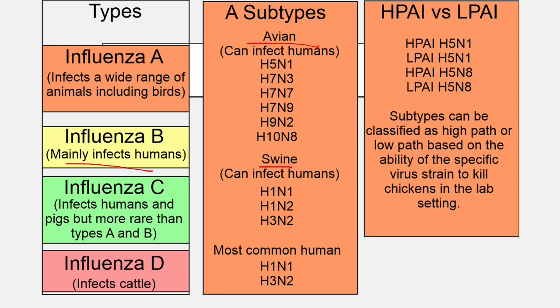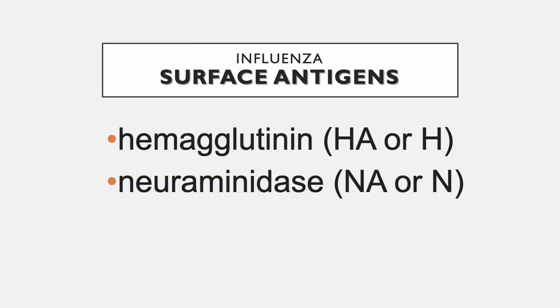Now, as I am saying kanina, if you can see, you have two letters there, H and N. Now, H and N pertains to the two types of surface antigens that is found on the influenza virus. Now, it could be the presence of hemagglutinin and neuraminidase. So, that's H and N. Okay?